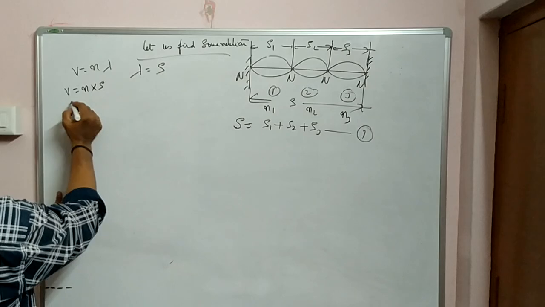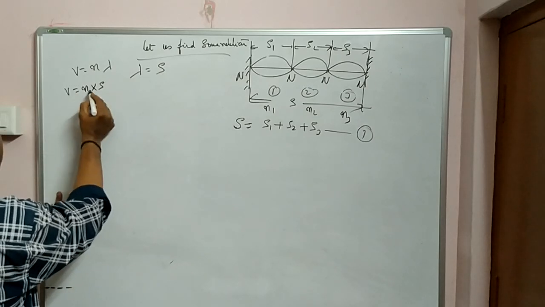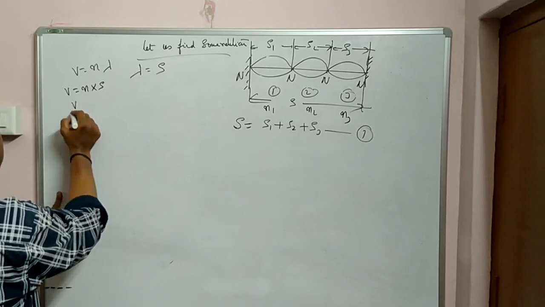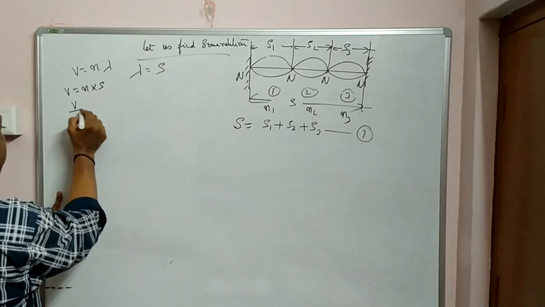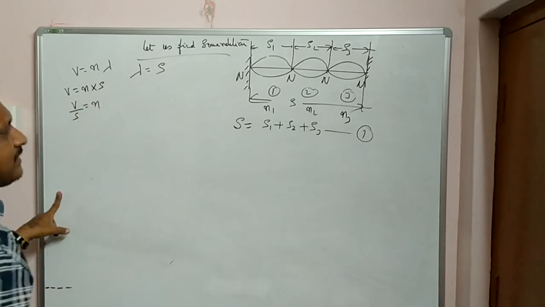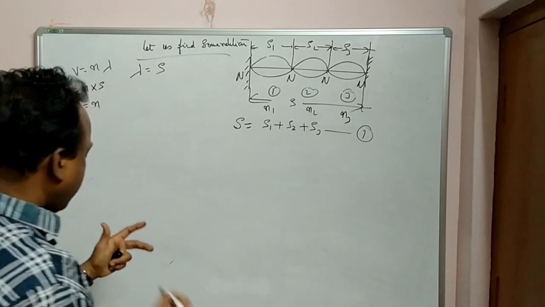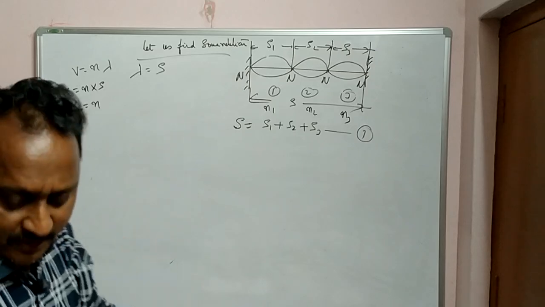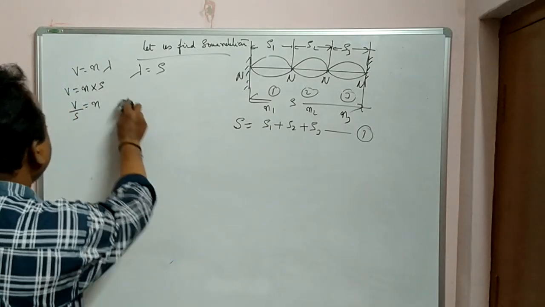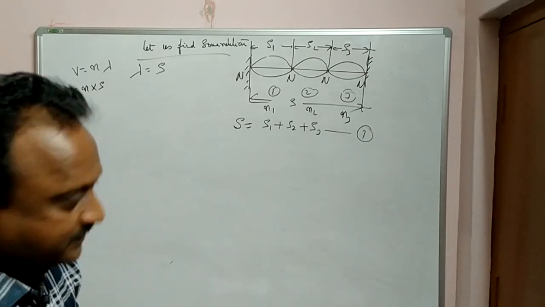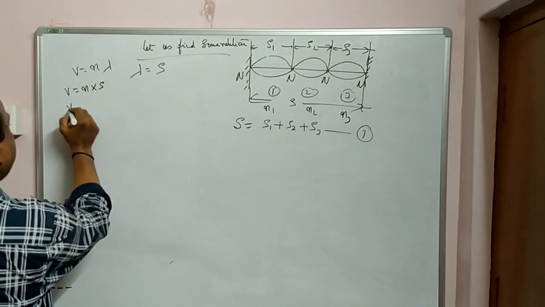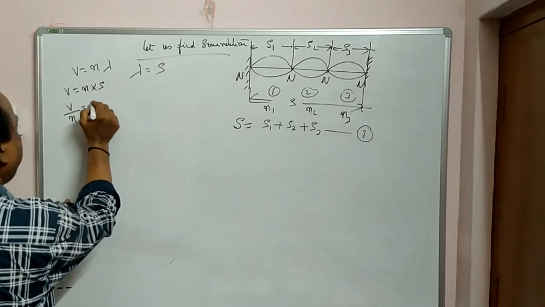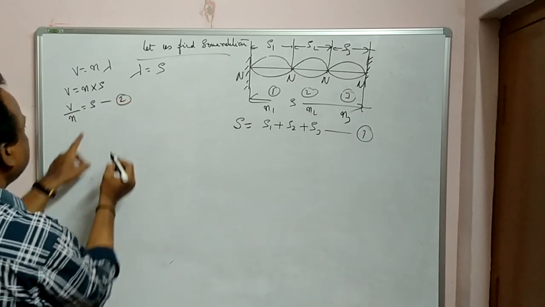Now from this I can take V by S is equal to n. Or else I will do one thing, V by n I will put, because here the relation is for S. So V by n is equal to S, equation 2.